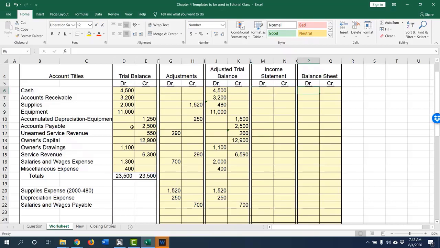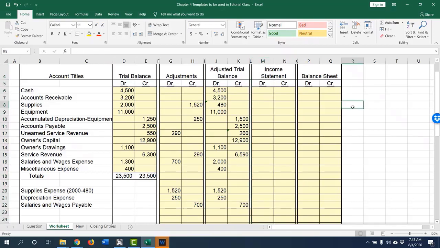Suppose an account has a credit balance like this. Here we do not have to think about any calculation. There are 2 credit columns here, one in the income statement, another in the balance sheet. So we just have to decide which credit side it will go to, here or there. There are only 2 options for each account. For a debit account, there are 2 options, whether it should be written here or here. For a credit, there are 2 options.